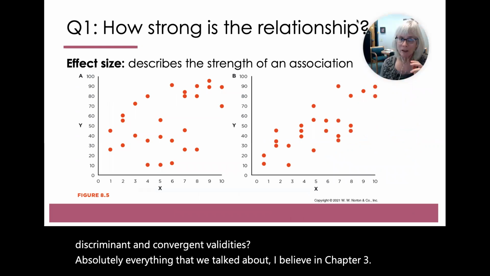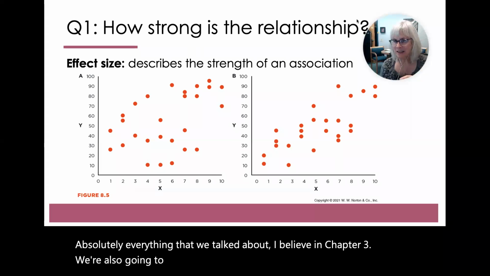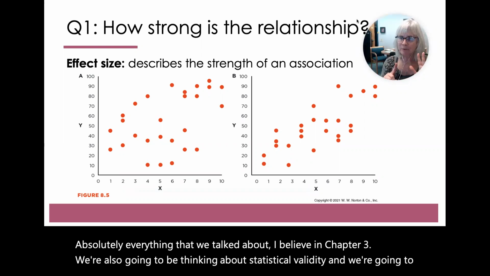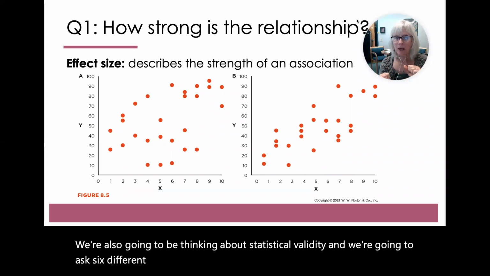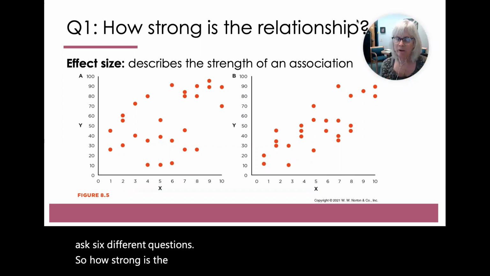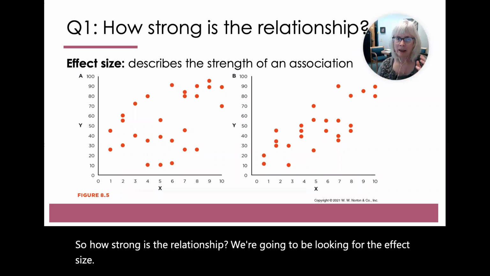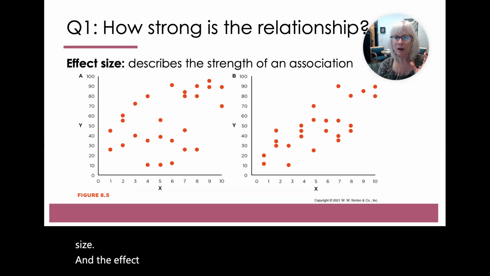We're also going to be thinking about statistical validity, and we're going to ask 6 different questions. So, how strong is a relationship? We're going to be looking for the effect size. And the effect size is describing the strength of the association.